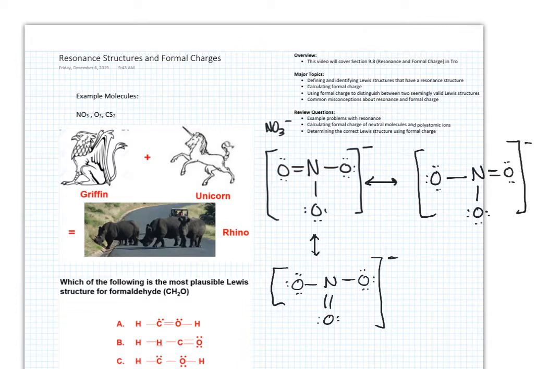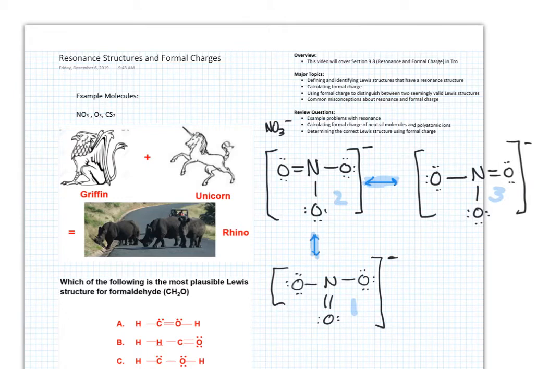And the way we denote a resonance structure is with this double arrow pointing between the structures. Okay, that indicates that we have a resonance structure. And you notice this particular structure has 1, 2, 3 valid resonance structures.